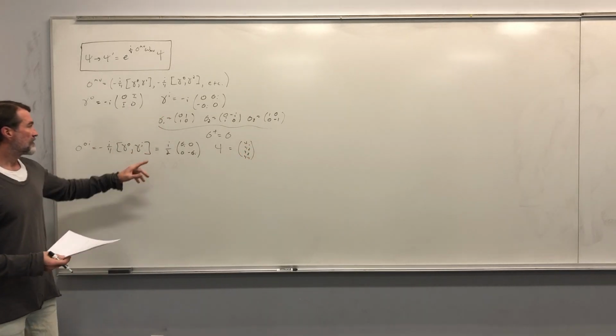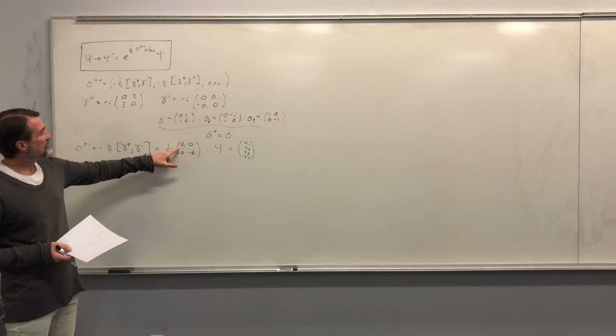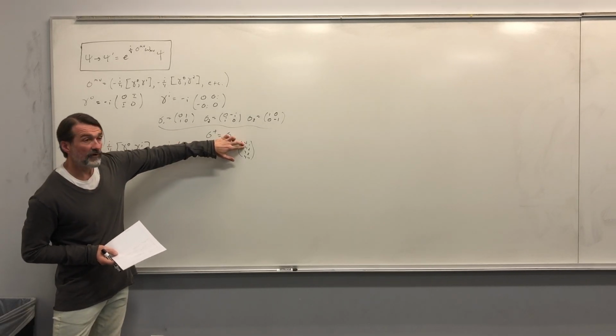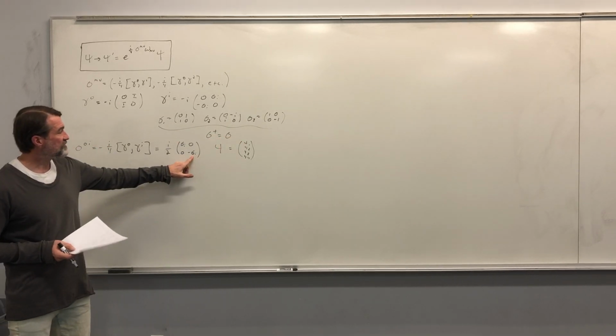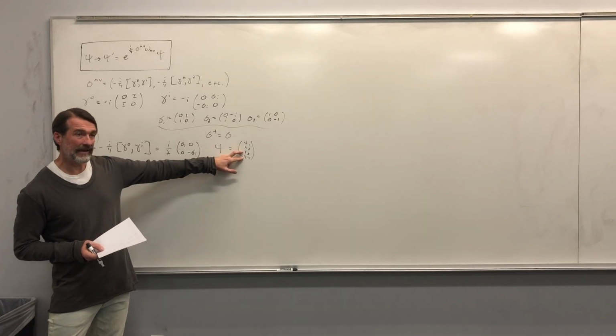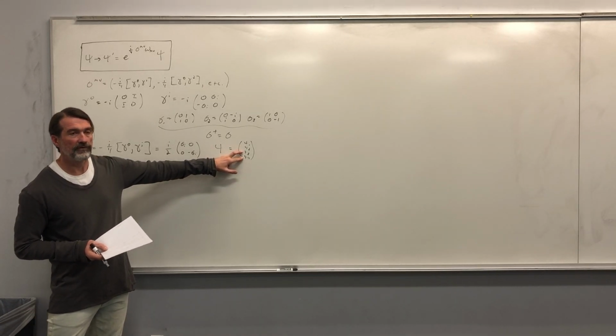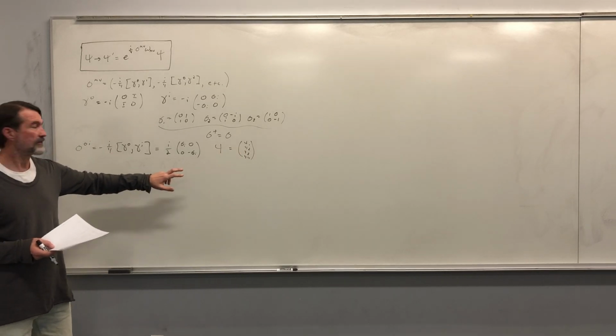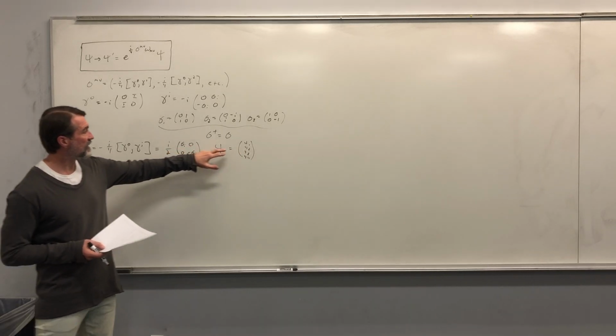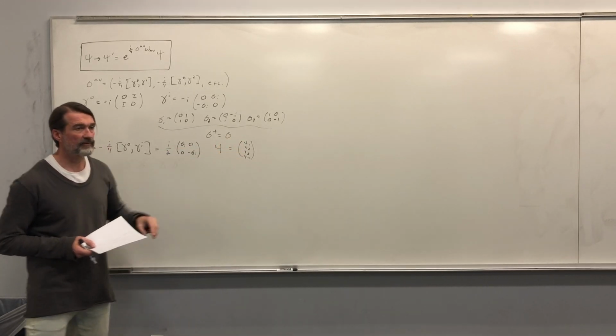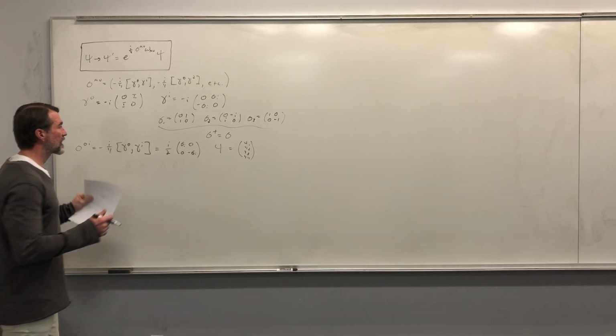But notice, this piece is only going to transform the first two, and this piece is only going to transform the third and fourth terms, right? You got 0 in the places where you can mix the first 2 and the last 2, all right?